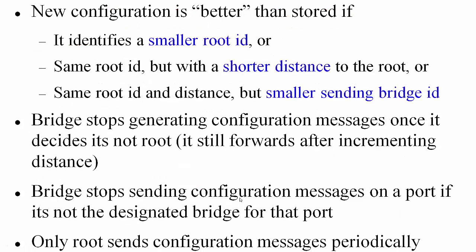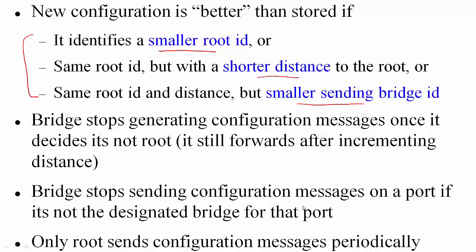What do I mean by best configuration? Any configuration is better than the one that is stored if it identifies a smaller root ID, or the same root ID but at a shorter distance to the root, or the same root ID and distance but a smaller sending bridge ID. These are the same rules that we discussed before.